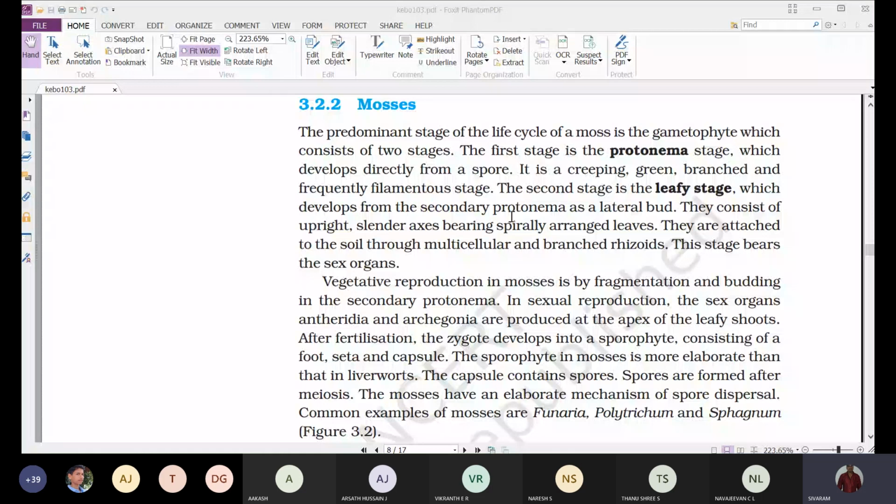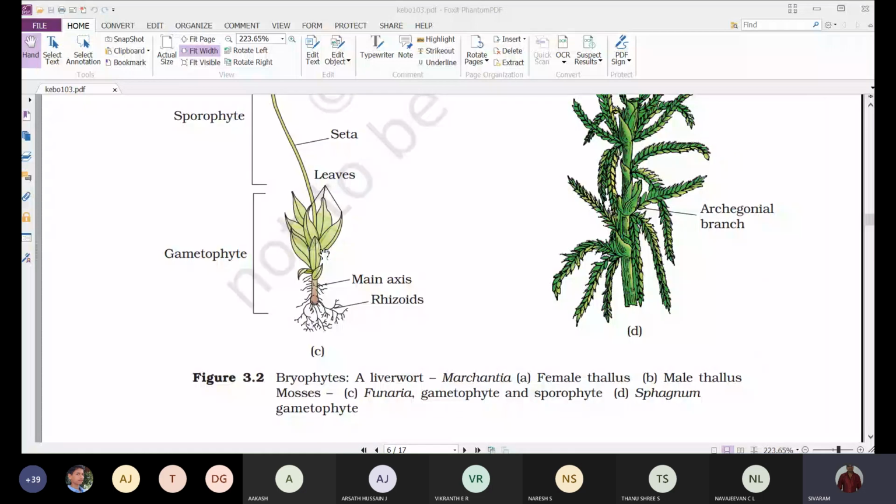Here we can see Funaria. Whatever structure we are observing here is the secondary protonemal stage, or second stage. We are calling this stage the secondary protonema. It is the leafy stage. It consists of root-like rhizoids, a stem-like structure, and leaf-like structures.